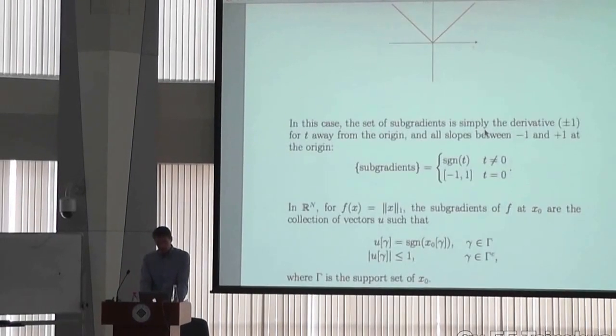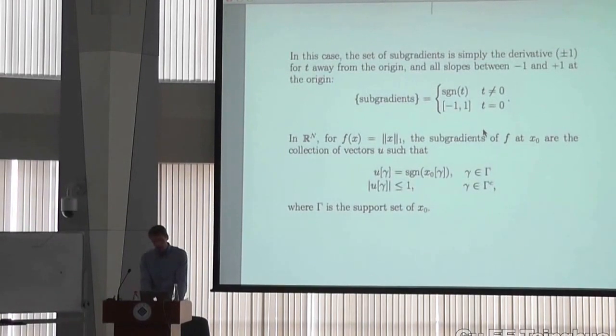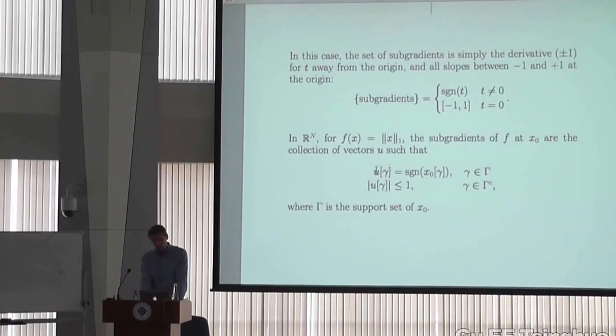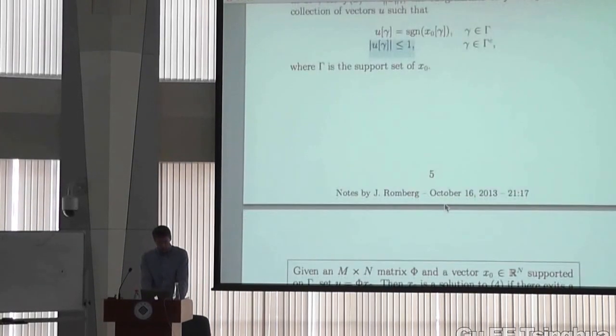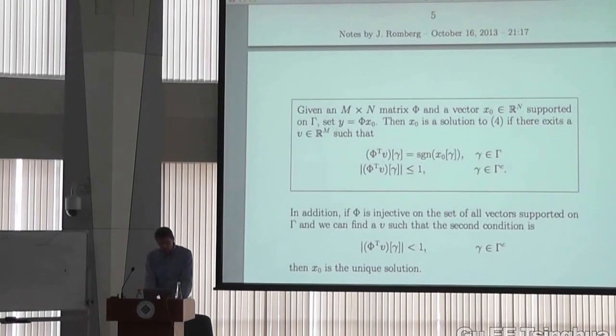Namely, in this particular case of L1 minimization, I need a vector v such that phi transpose v is equal to the sign of x naught on the support and has magnitude less than or equal to 1 off the support of x naught. So this is a nice, let's just say, necessary condition which is almost sufficient.